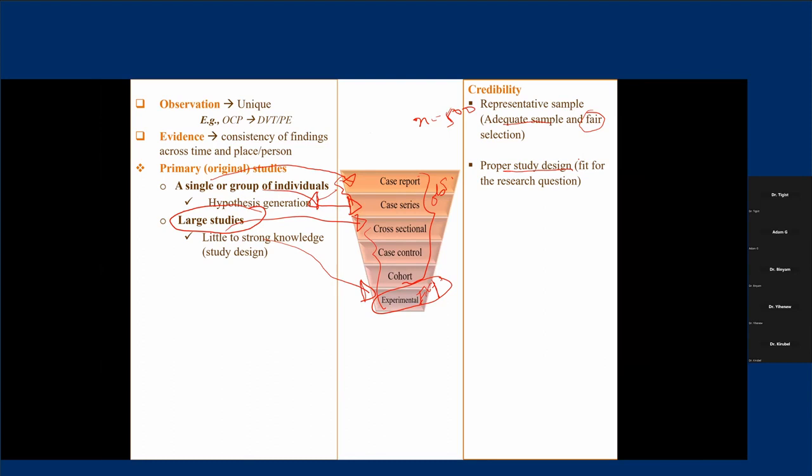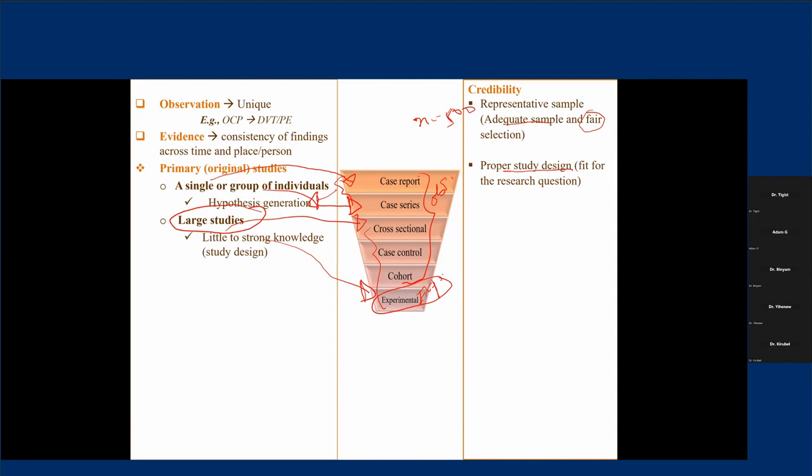Let's say we want to study the effect of smoking on the progression of some disease condition. We can't make some group of patients smoke so that we can see its effect compared to those who don't smoke, right? So the place for experimental study with exposures that are potentially harmful to the participant is zero because of ethical issues.